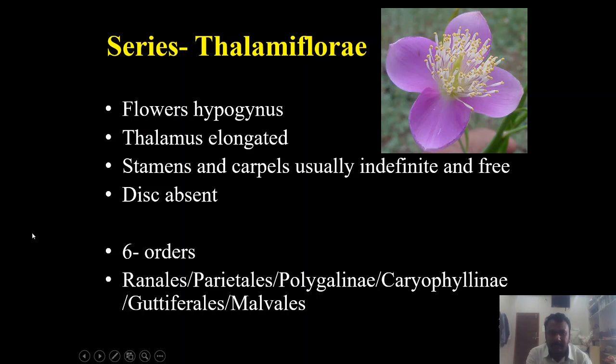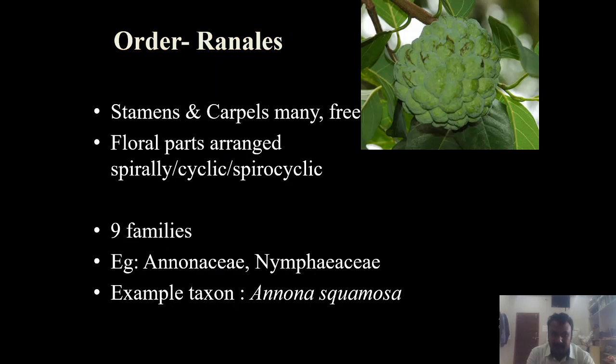Here the flowers are hypogynous, thalamus elongated. Stamens and carpels are usually indefinite in number and free. Here the disc is absent. Under this series there are 6 orders: Ranales, Parietales, Polygalinae, Caryophyllinae, Guttiferales and Malvales. Which means the series Thalamiflorae starts with Ranales and ends with Malvales.